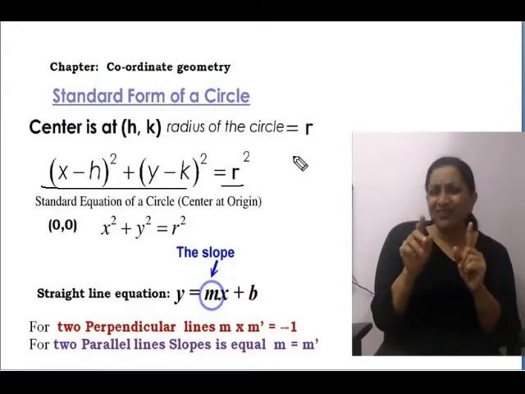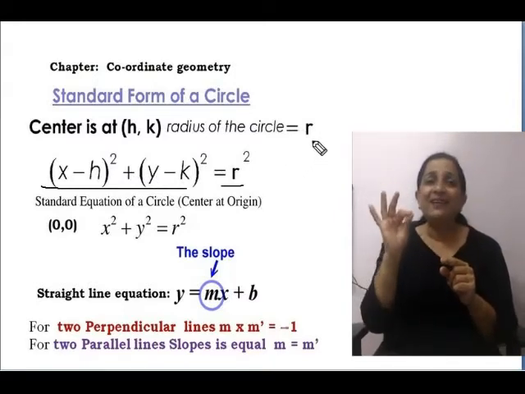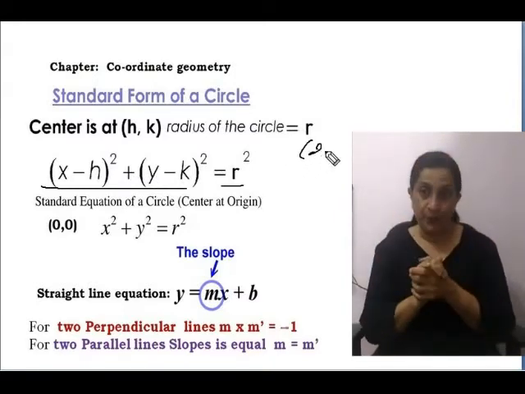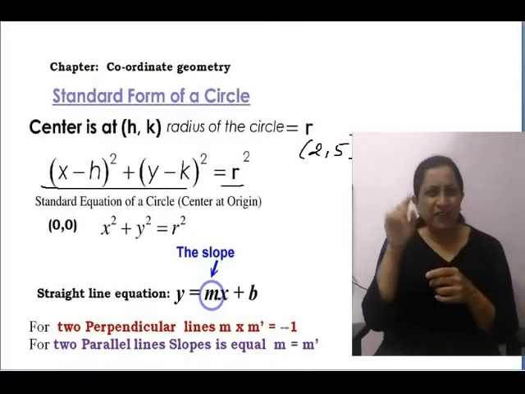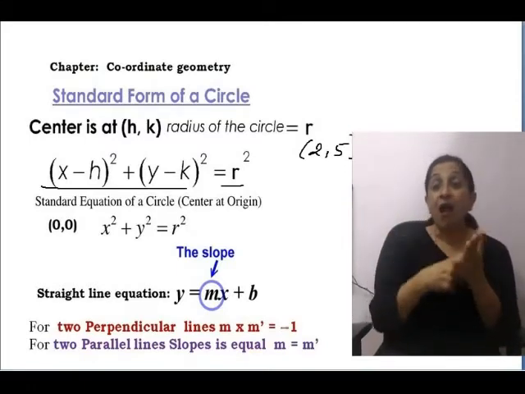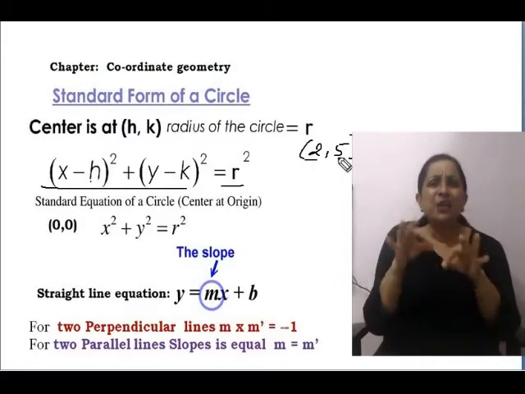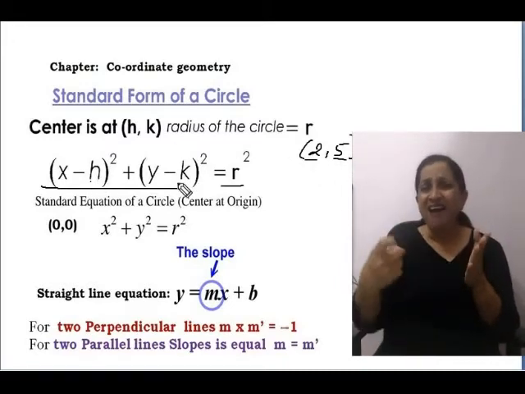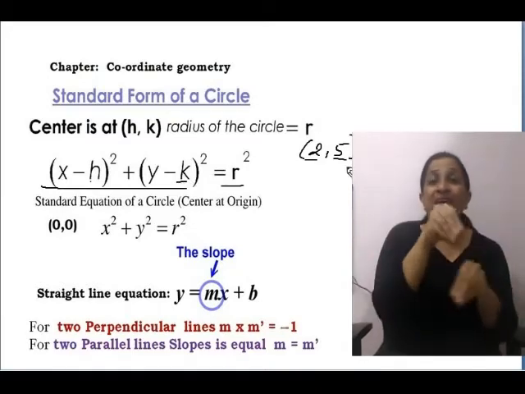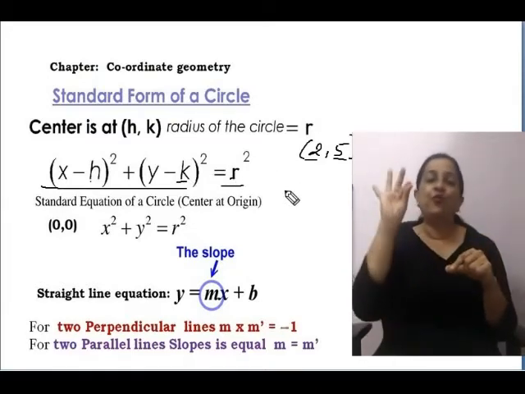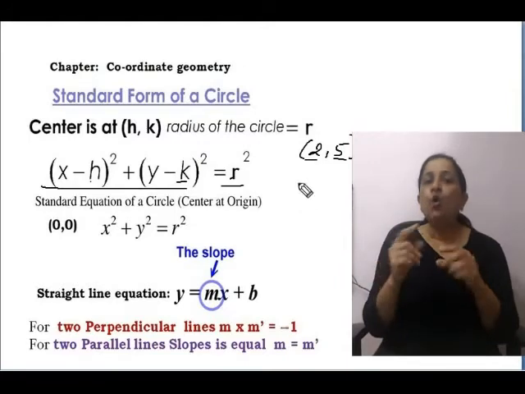They will say find the equation of the circle which is passing through, say, let us say (2, 5) and r is equal to 3. So simply you have to put h is equal to 2 here, k is equal to 5 here, and r is equal to 3 here. I have solved some problems in the end. You can look at that.